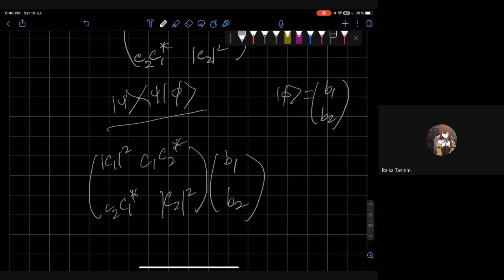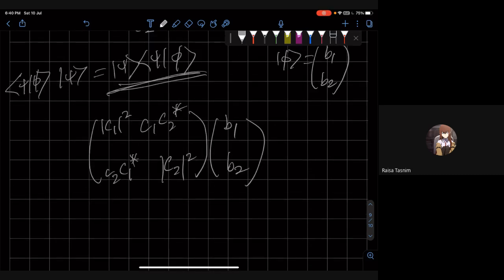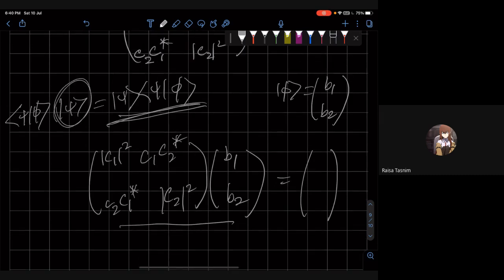Okay, this is the meaning of this equation. But this equation also means that we get psi times this complex number, the inner product of psi and phi. So if you do this matrix multiplication, you'll get a column matrix, and that column matrix is exactly whatever this column matrix was multiplied by this complex number. Okay. So this is a very flexible notation that Dirac formulated for doing linear algebra in quantum mechanics.